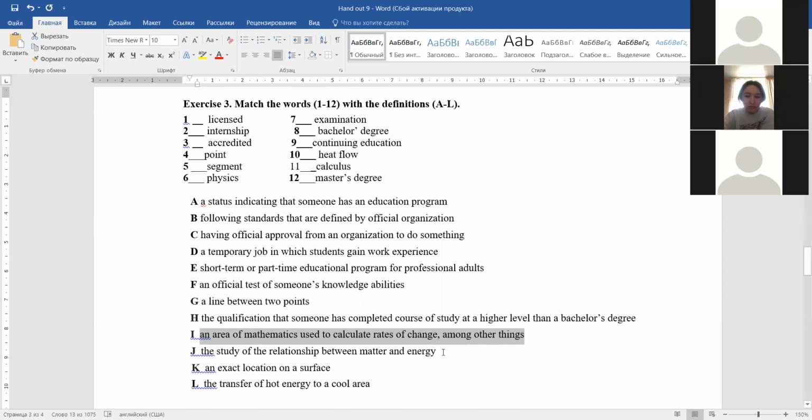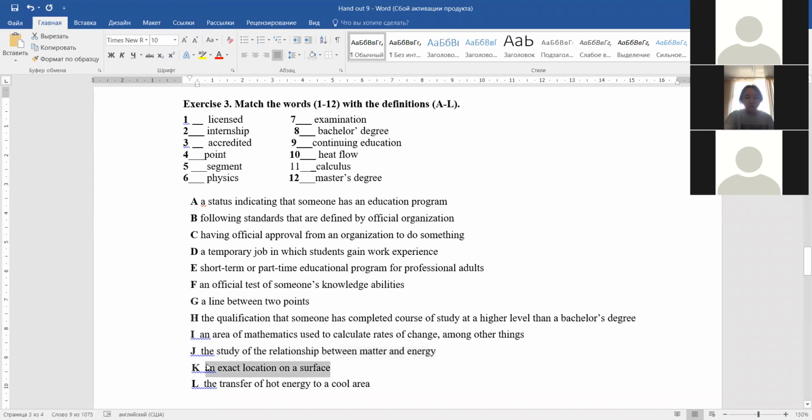The study of the relationship between matter and energy. How do you translate this? Yes, it is physics. Это изучение взаимосвязи между материей и энергией. You study it in physics. Yes, you're right.